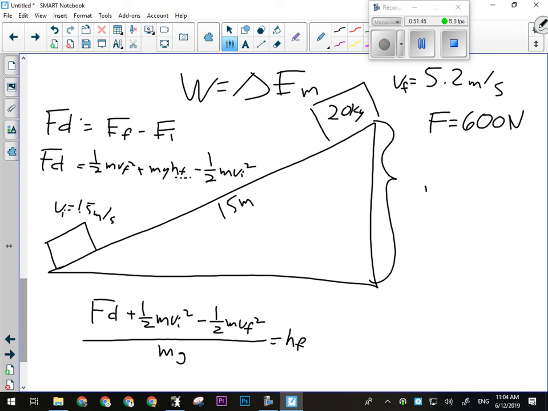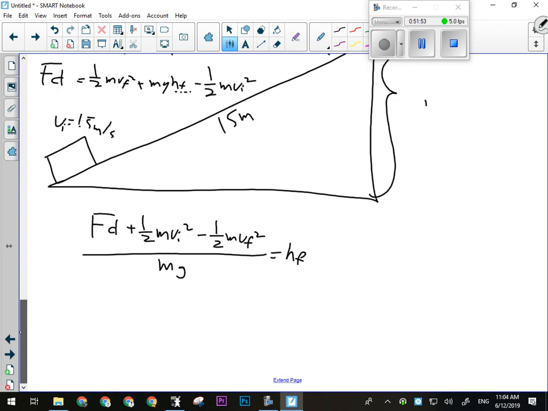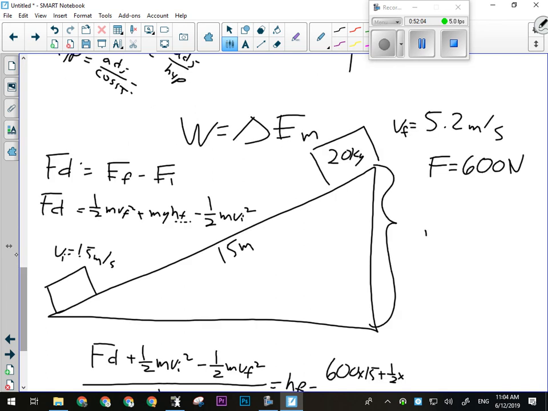So it's a lot like a law of conservation of energy problem, except I'm adding in that it wasn't conserved. There was this much difference, 600 newtons times 15 meters. What did we say the mass was, 60? 20.